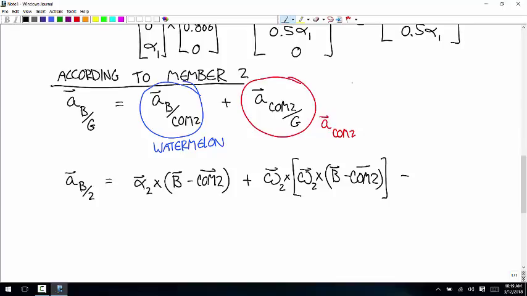And then we're just adding on the acceleration of the center of mass of 2. This goes away because I said when I gave the problem that it was at rest.